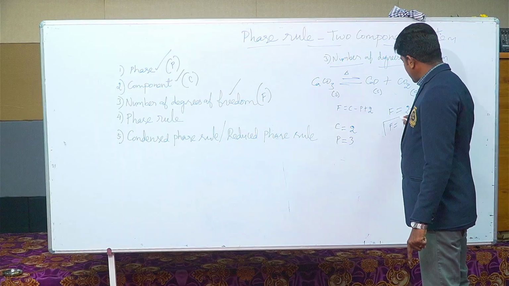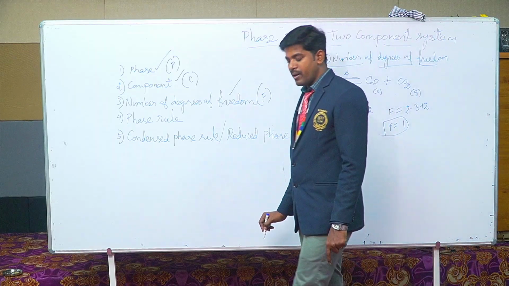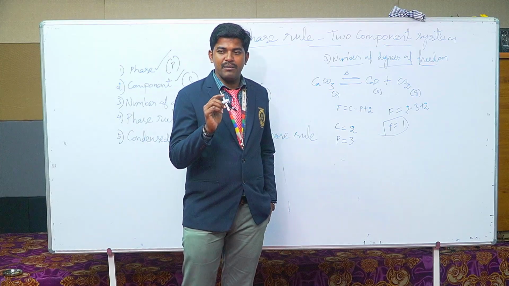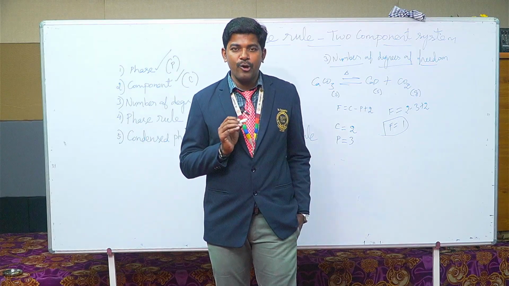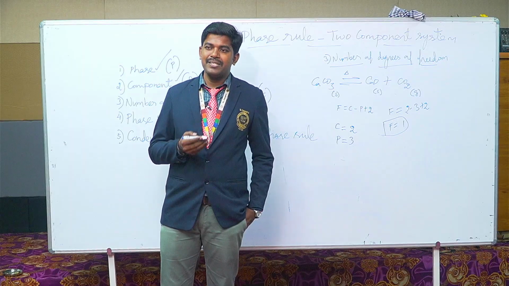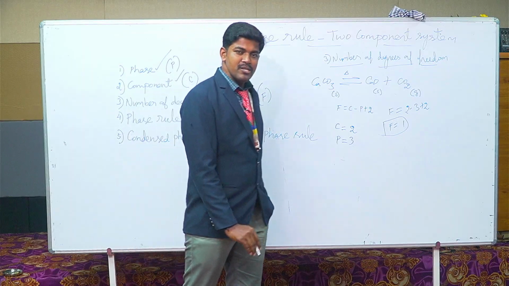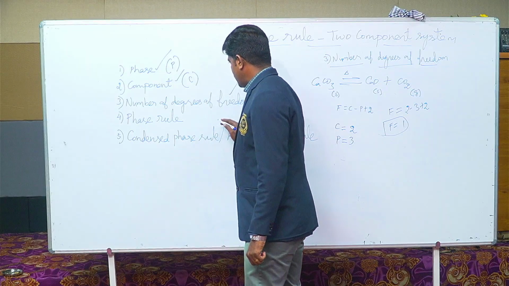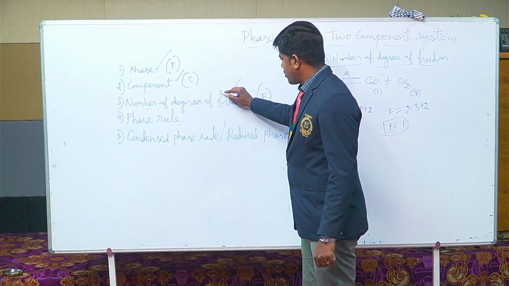So the number of degrees of freedom for this equilibrium reaction is 1. If the number of degrees of freedom is 1, the system is called univariant. If it is 2, bivariant. If it is 0, it is called non-variant. So this is about the number of degrees of freedom.